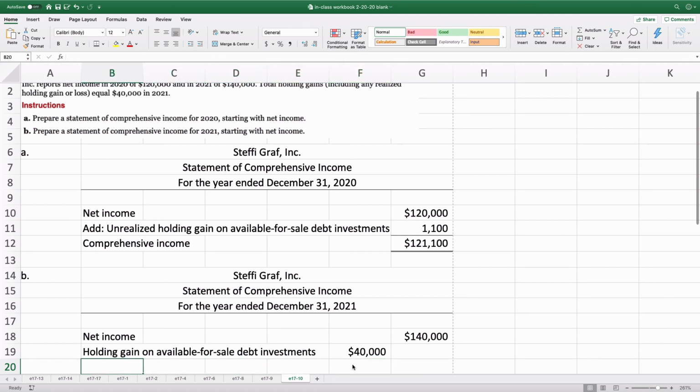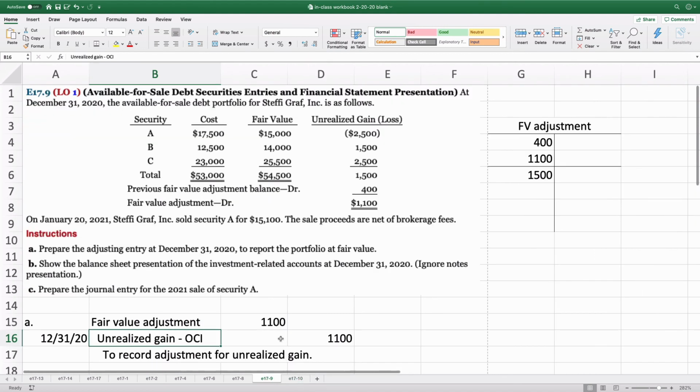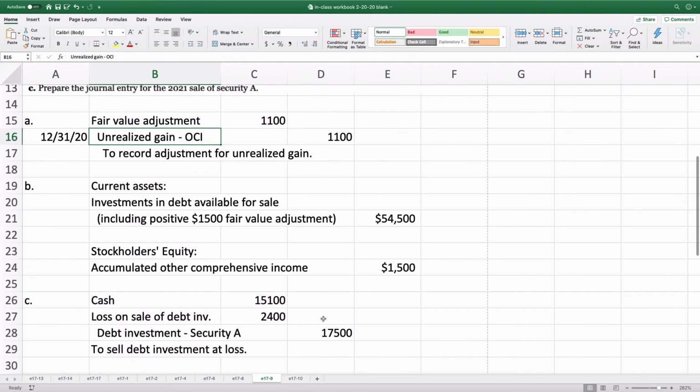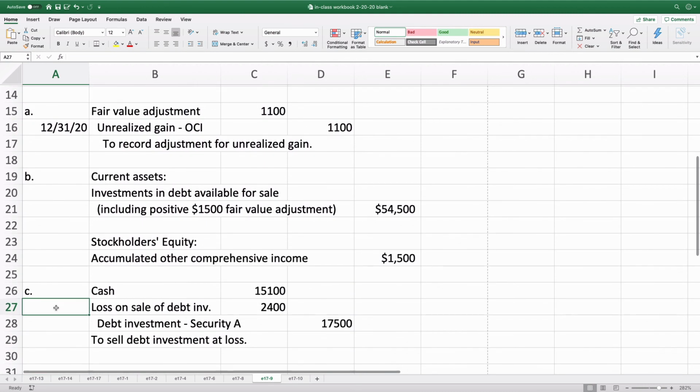Now, if you go back over here to exercise 17.9, we had this transaction here where we sold debt investments at a loss and we realized this loss, and this was January 20 of 2021. I'm going to put 1/20/21. That was the date that this occurred.